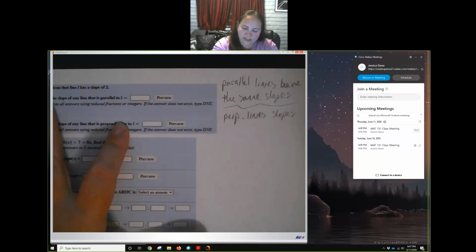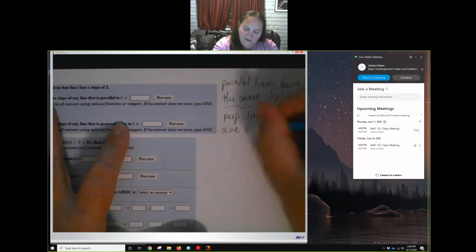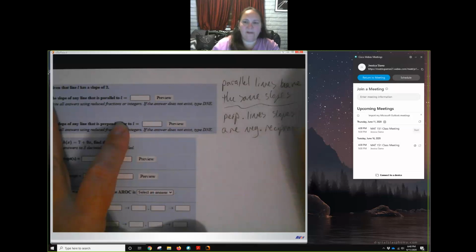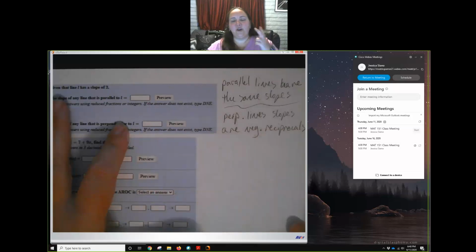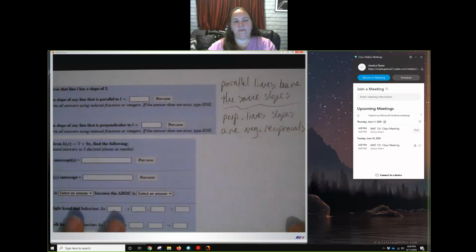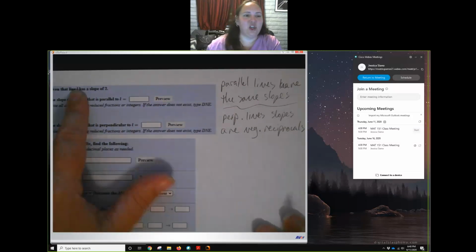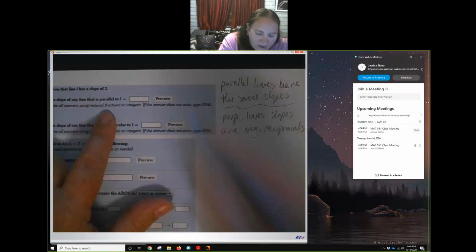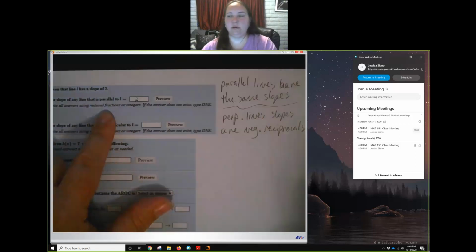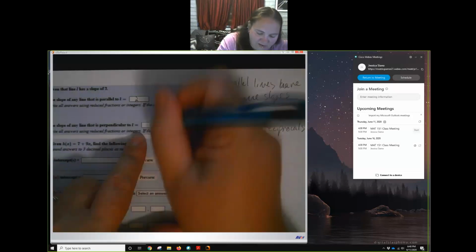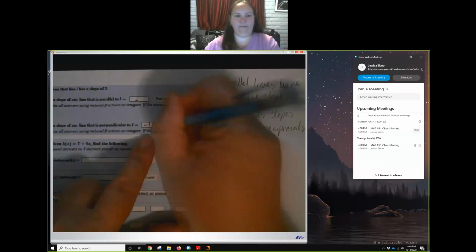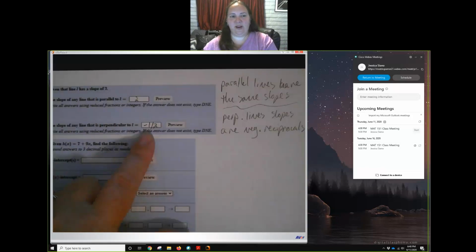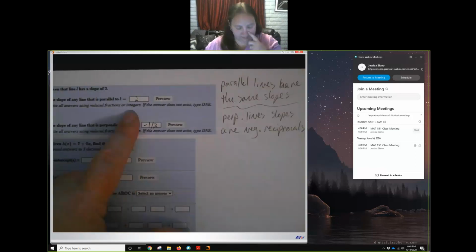Their slopes are negative reciprocals. So you change the sign and flip it over. So here, if we had a line that had a slope of 2, a line parallel would also have a slope of 2. A line perpendicular would have a slope of negative 1/2. Change the sign and flip it for perpendicular, keep it for parallel.